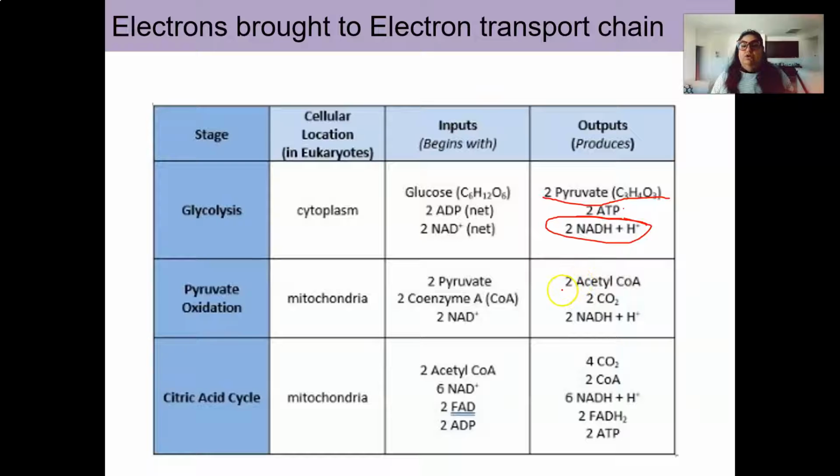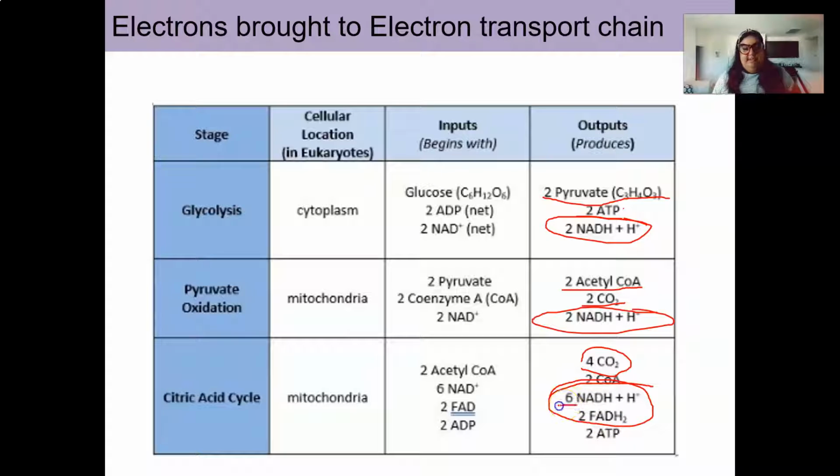We had our 2-carbon molecule, a little bit of CO2, and some electron carriers from pyruvate oxidation. And then in the citric acid cycle, we breathed out the rest of our CO2. We had a little bit of coenzyme A. We had a lot of electron carriers produced from here.